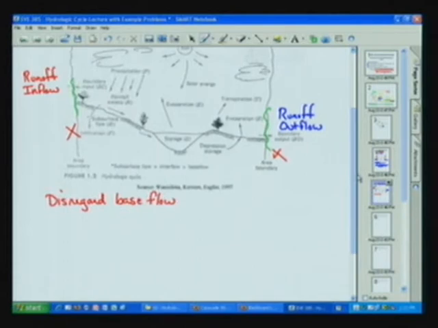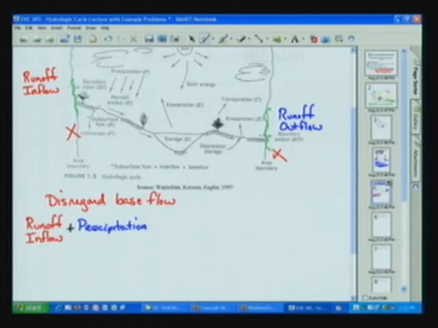So our inputs to the system are going to be the runoff inflow plus the precipitation. That's what we're putting into the system.